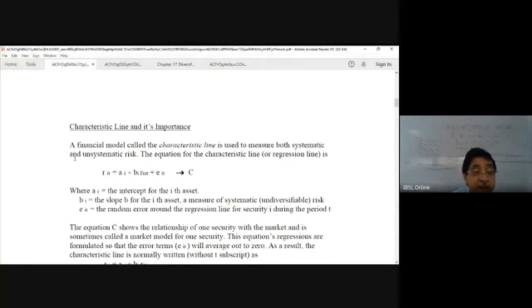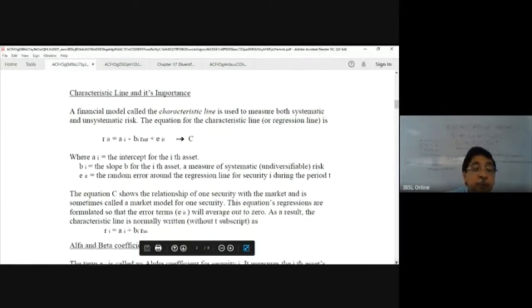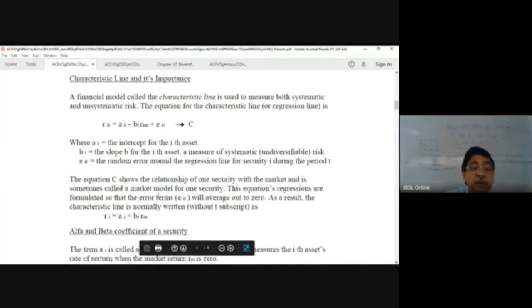RIT is known as the dependent variable, and RMT is referred to as the independent variable. The equation shows the relationship of one security with the market and is sometimes called the market model for one security. This is only for one security and in a particular time.